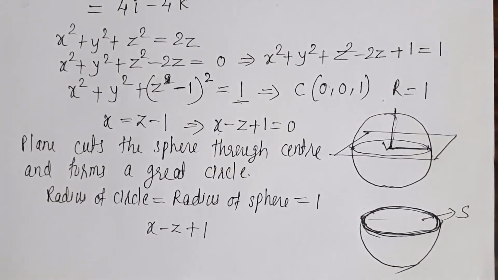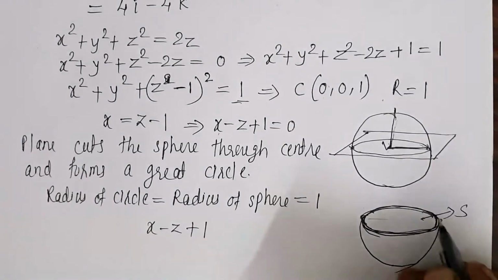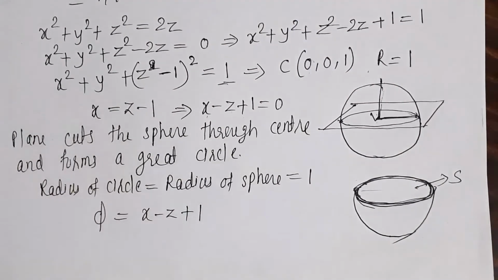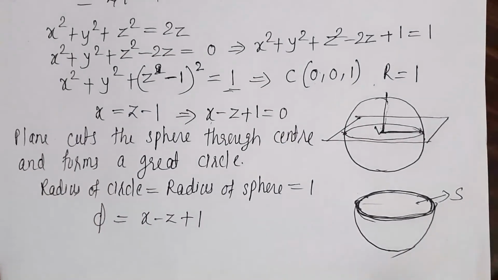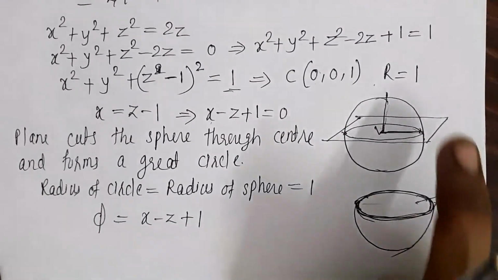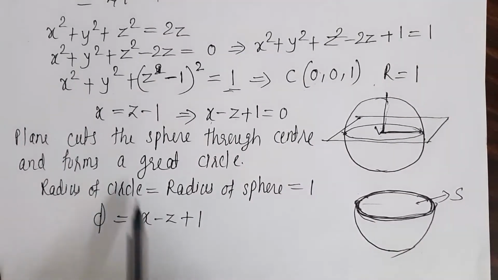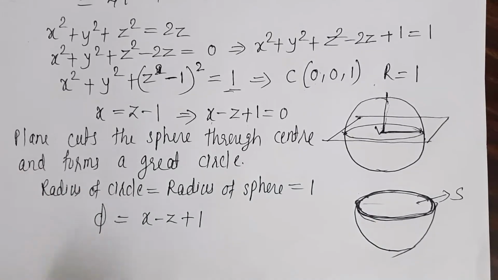This is the equation of the plane. So to find the normal over this surface S, we can denote it by phi, because the normal to the surface S is the same as the normal to the plane due to this great circle.